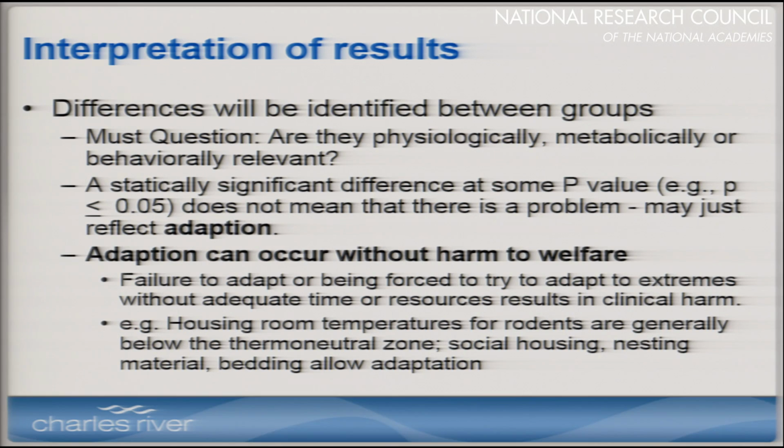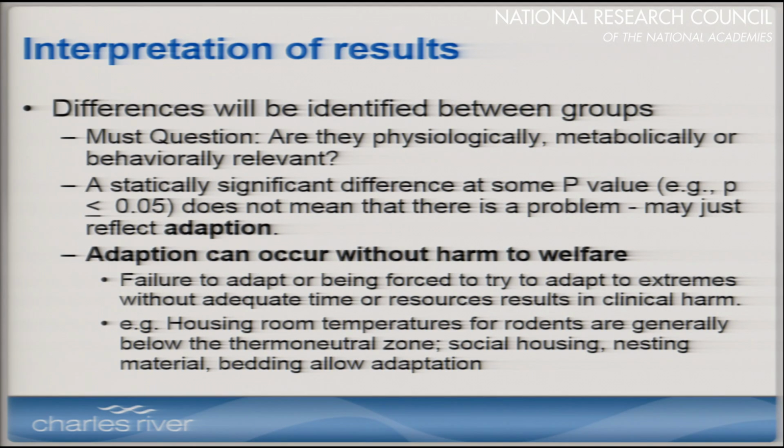And I think we had a nice example yesterday with housing room temperature. We house rodents at temperatures about what's in this room, maybe 70 degrees or so, 68, 70, 72. Their thermal neutral zone is much higher than that. So we commonly house them in an area where they would be thermal stressed, cold stressed. And to combat that, we typically do a couple of things. We often house them socially so they can huddle together. We usually provide them contact bedding that they can burrow into, and we provide nesting material.